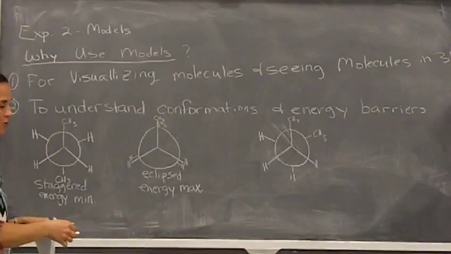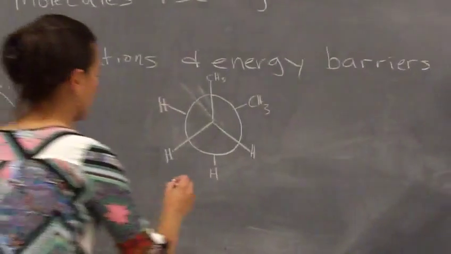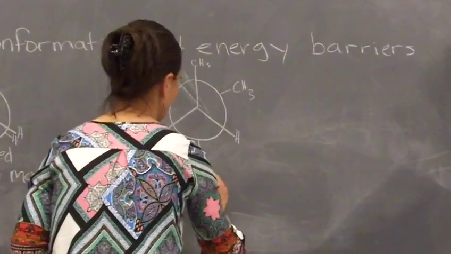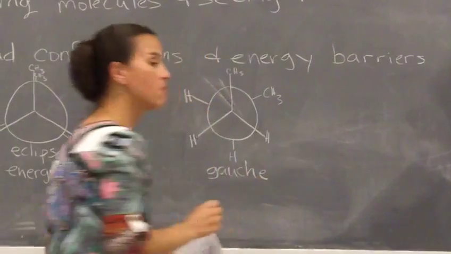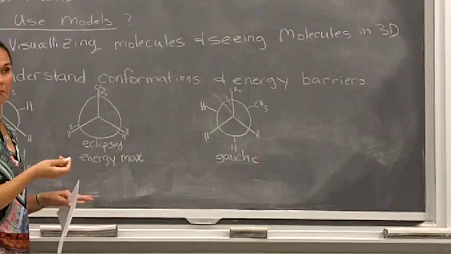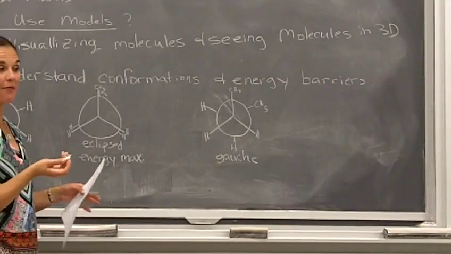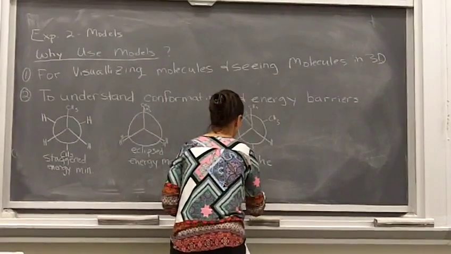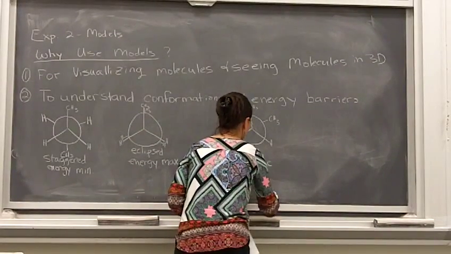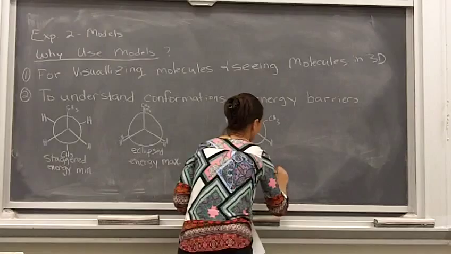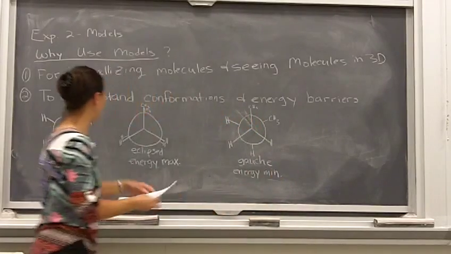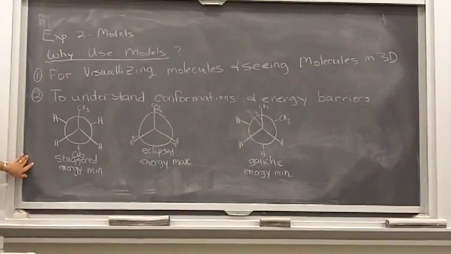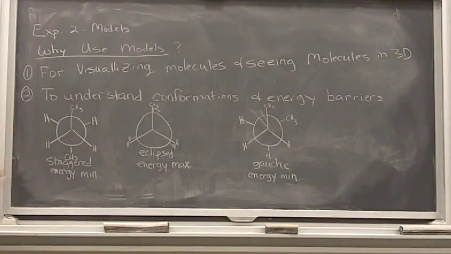This is our friend gauche. Is that a max or a minimum? It's a minimum, right? It's not an absolute minimum, but it is a minimum, right? Okay, so these Newman projections are one type of model that we can use. That's kind of a pen and paper model.